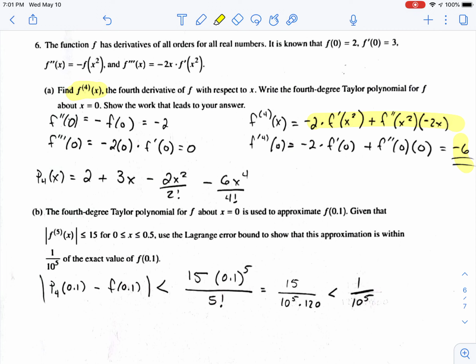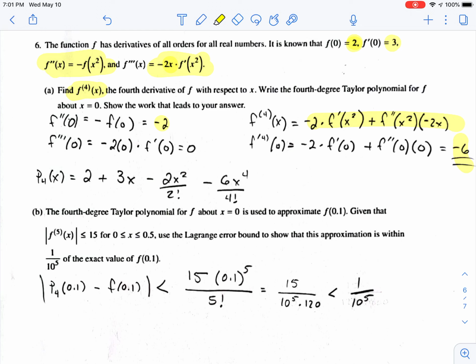That's one answer there. But then for the fourth degree Taylor polynomial, it already gives us the value of the function, the first derivative, the second derivative, yes, it gives us that. So negative f of 0, if you plugged 0 into this equation right here, you're going to end up with negative f of 0. Well, f of 0 is 2, so it's just -2. And then the triple prime, which you realize is going to end up being 0 because you end up having a 0, right?